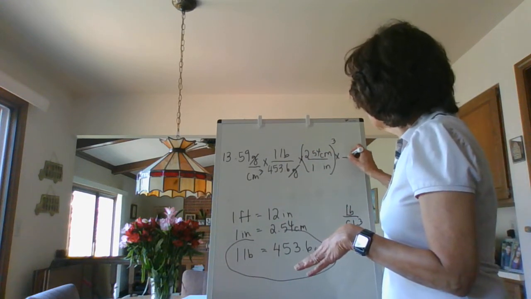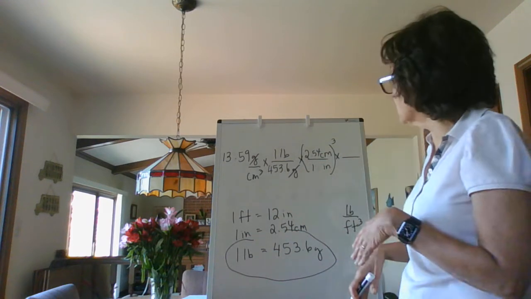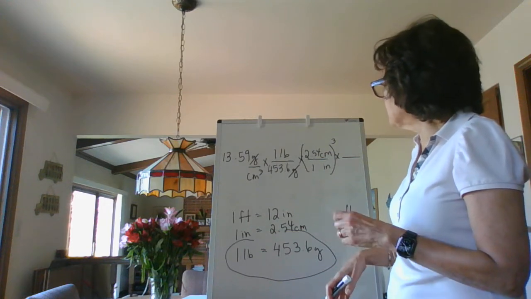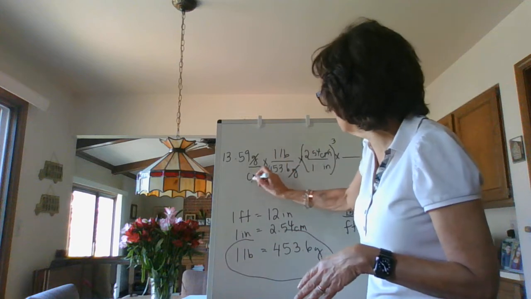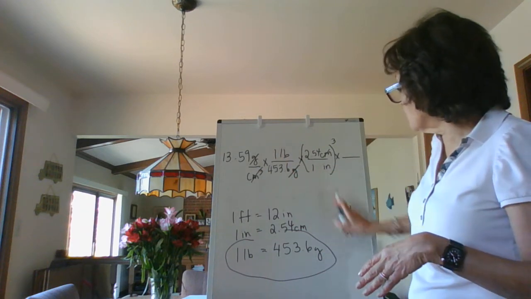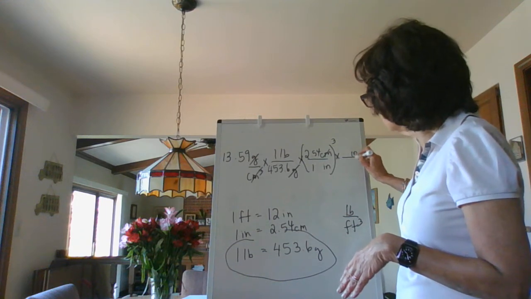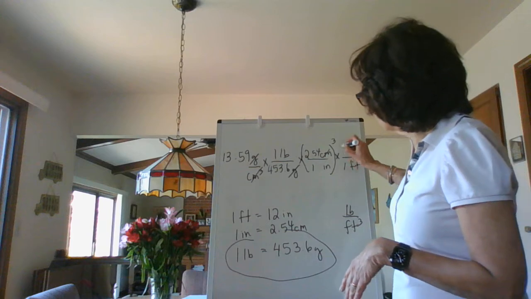And then my last conversion factor. I haven't picked up my calculator yet, I'm going to pick it up at the end. My last conversion factor, I want to go to feet cubed, because now I've canceled my centimeters cubed. Now I've got inches cubed, and I want to switch it over to feet cubed. So if I put inches here and feet here, I know that 1 foot is 12 inches.